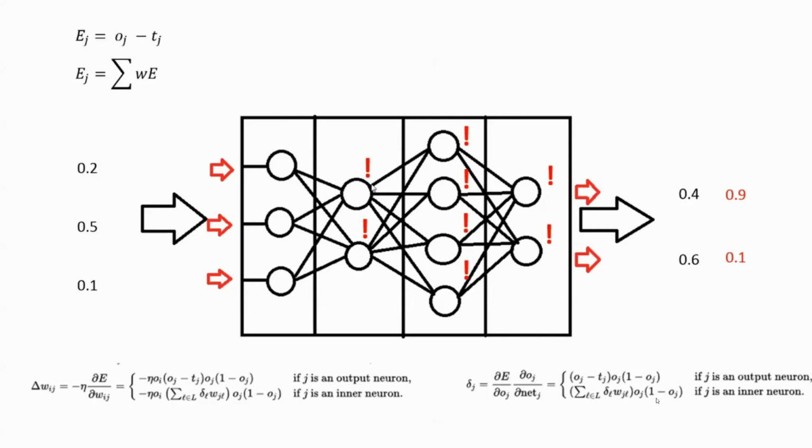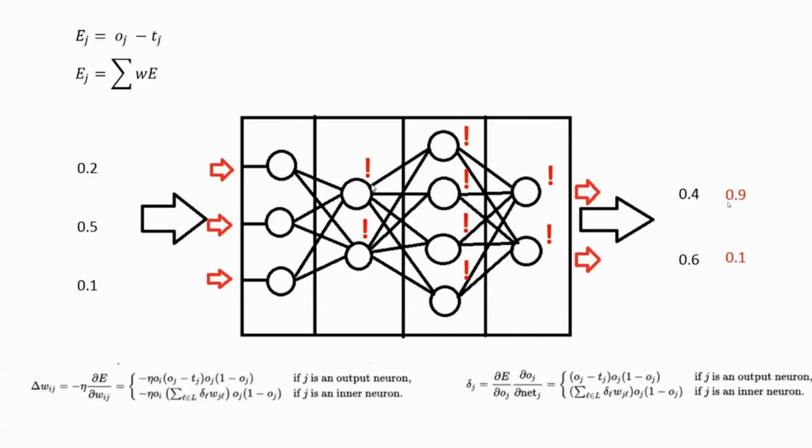The problem, I've shown you this in another video, is that this term for the sigmoid function has a maximum value of 0.25. So this means, let's say we have a gradient of 1, which is very unlikely, but we might have a gradient of 1 here.